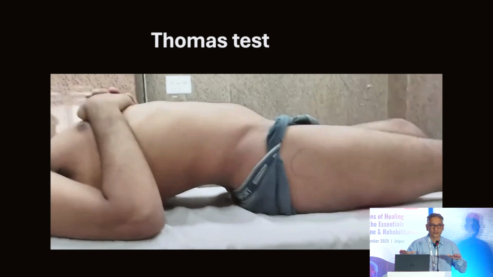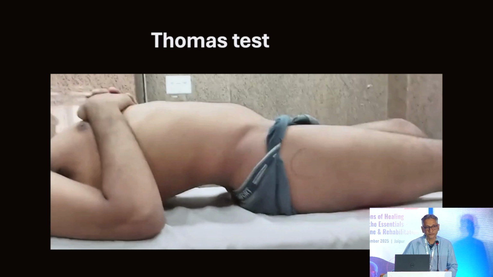Understood? So don't remove the hand from there. Just give some pressure over the diseased limb. When the lordosis is trying to reappear, that is the angle. Then measure the angle between the couch and the thigh. Keep the goniometer and measure it.